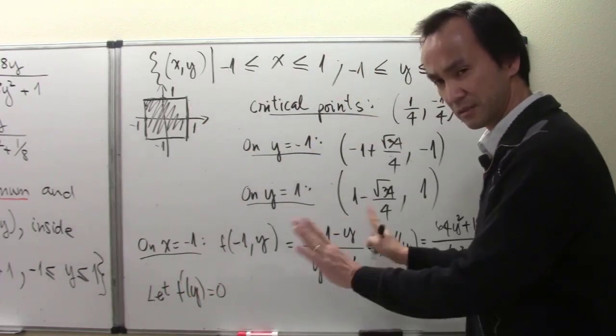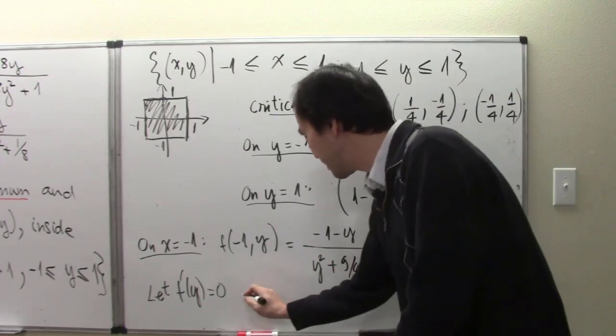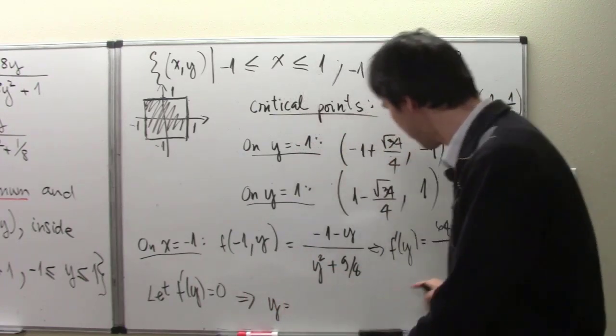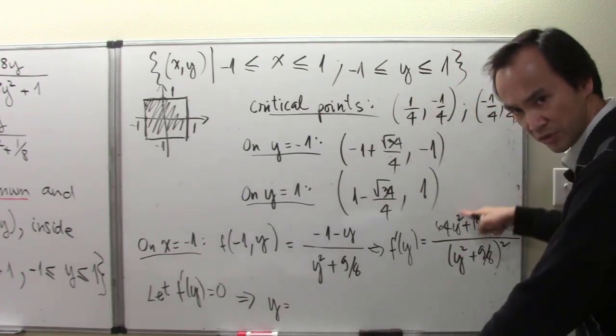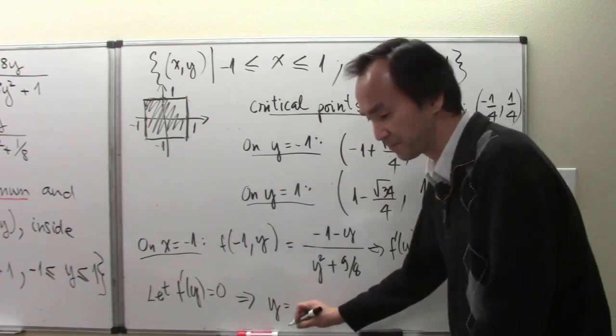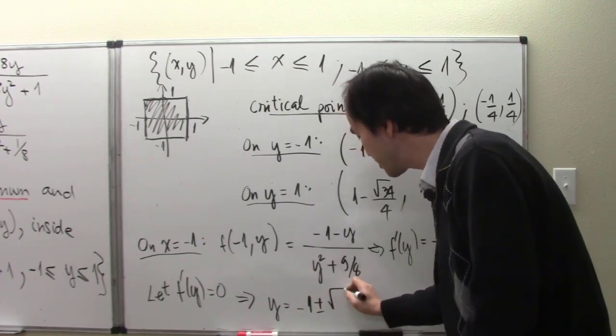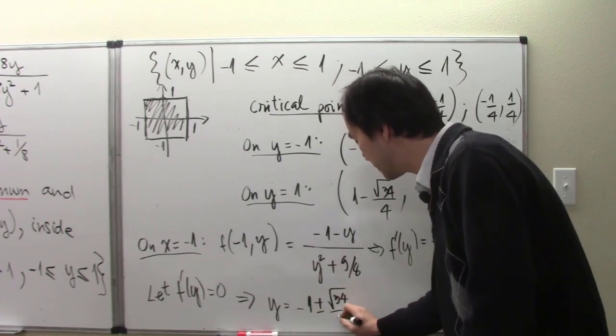And so now I'm going to skip some further information, but that leads to, we found the y value by solving this equals 0 right here. We come out with negative 1 plus or minus the square root of 34 over 4.